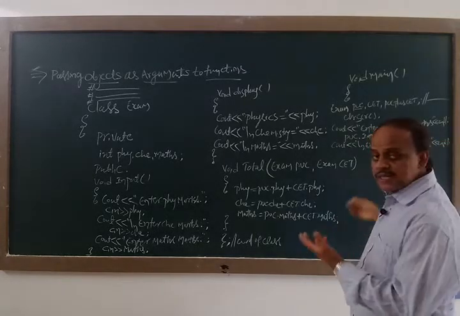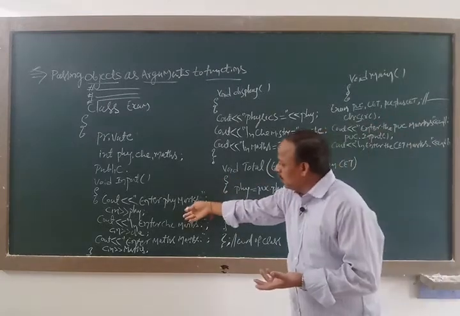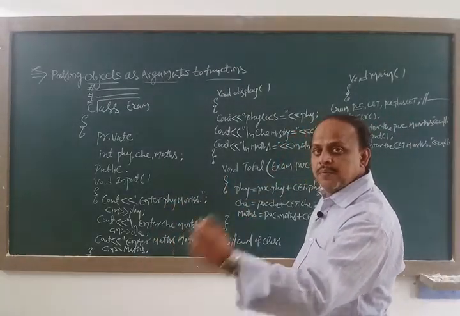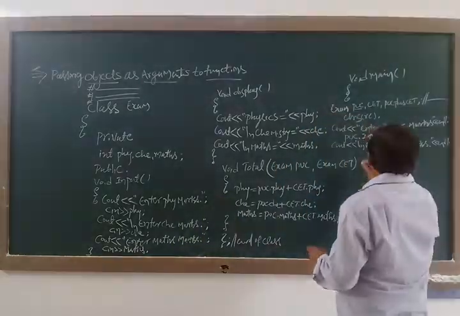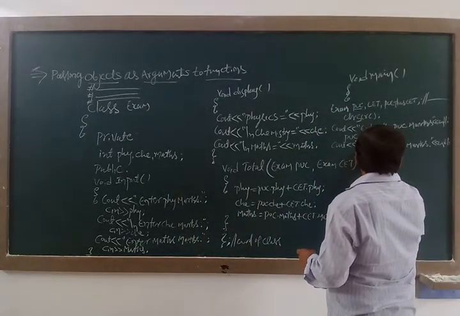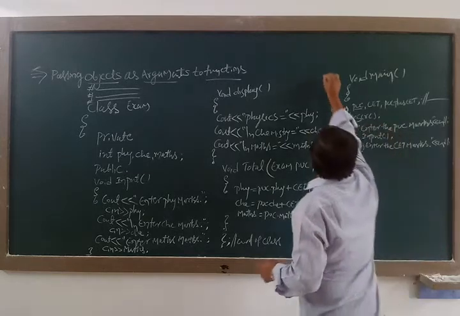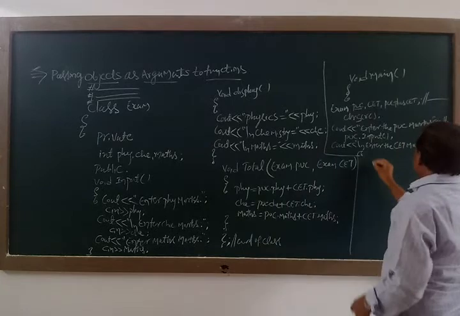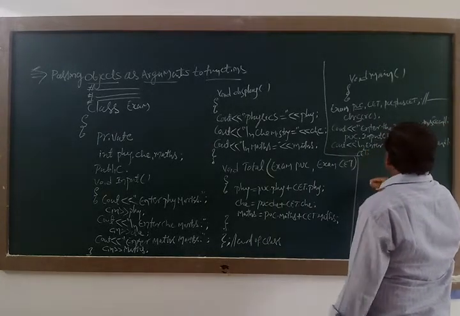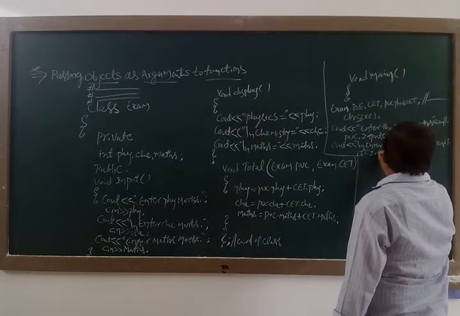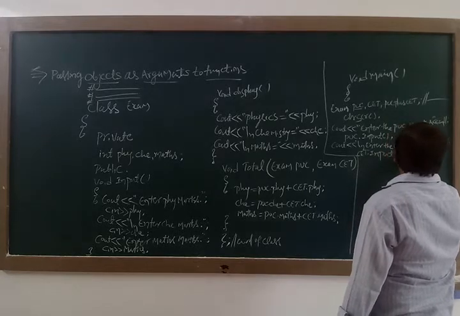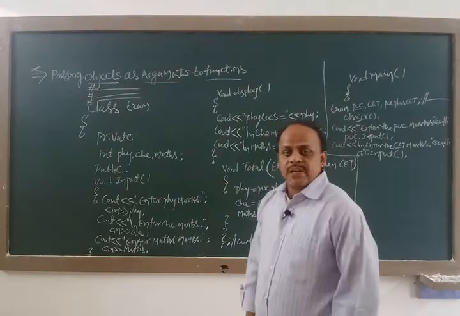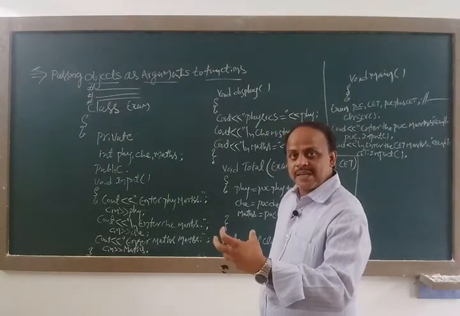So CET marks means here we have to call once again this input function with the help of object CET dot input function, right. Then cursor comes to once again input function.